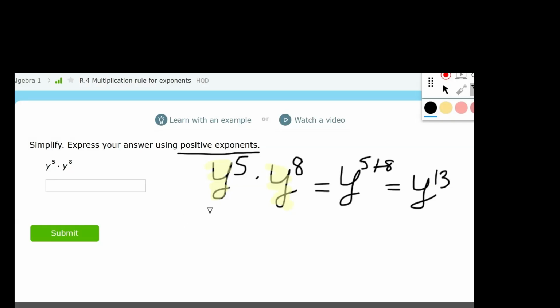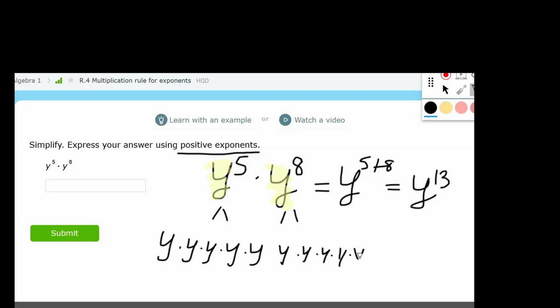Okay? Another way to think about this is, well, y to the fifth is y times y times y 5 times. And y to the eighth is y times y times y times y times y times y times y times y, 8 times. 1, 2, 3, 4, 5, 6, 7, 8.